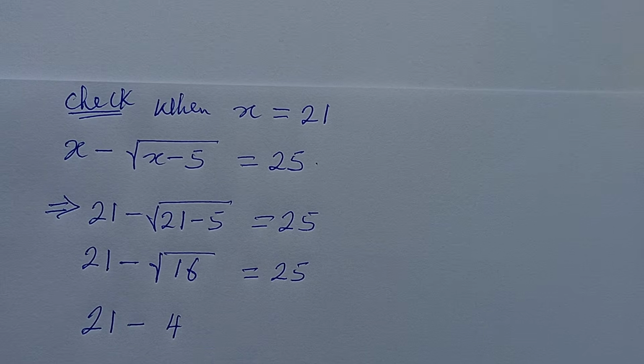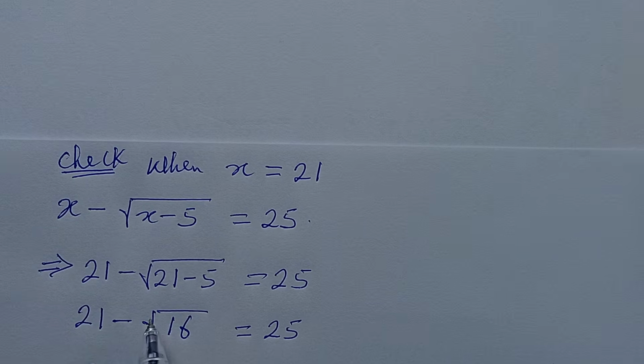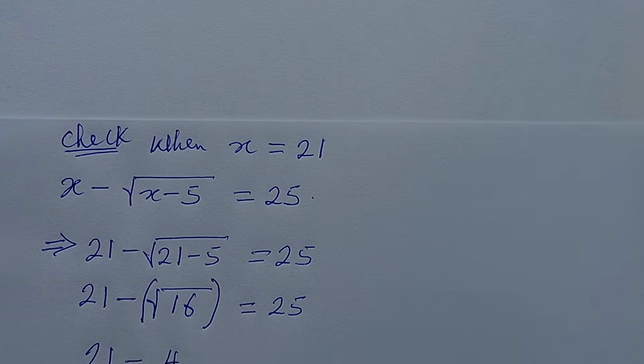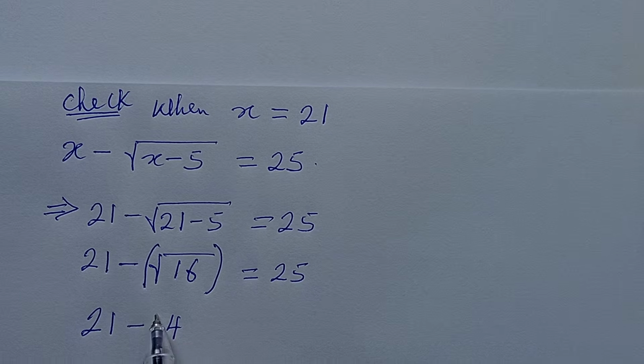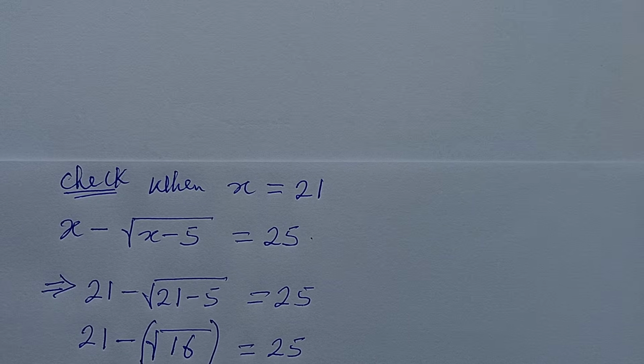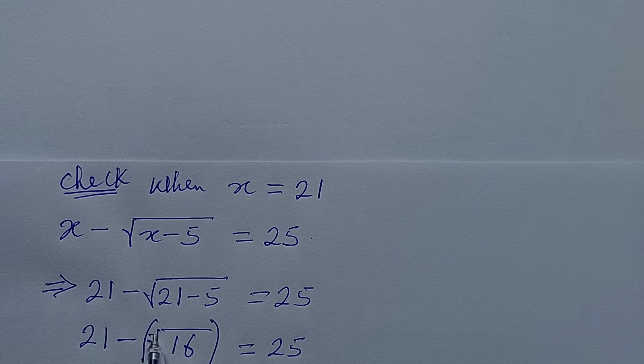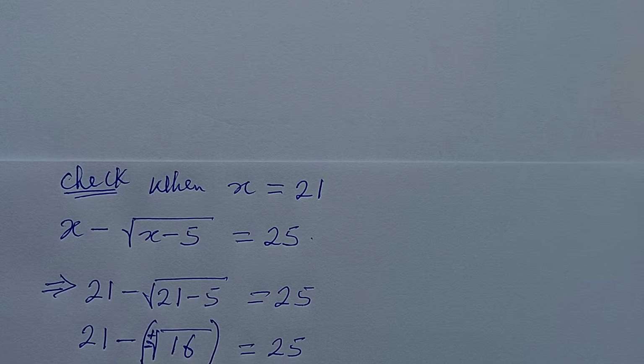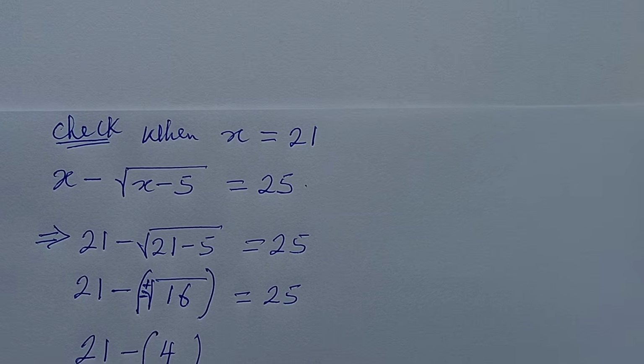But here comes the challenge. If you decide to subtract this from this, it will not give you 25. So all we need to do is come to this square root of 16 and put it in brackets, and remember that the square root of any perfect square gives us plus or minus.